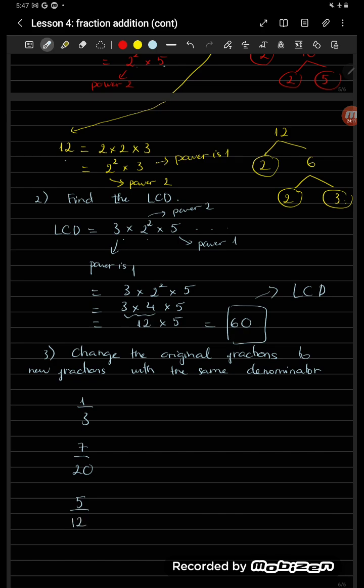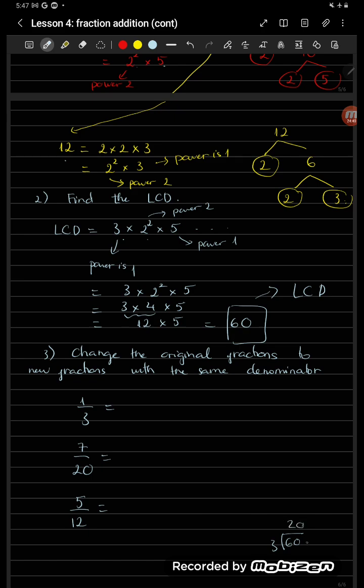Okay, so how can we change those fractions to become new fractions with the same denominator 60 we found above? Okay, so for 3, in order to turn 3 to become 60, the way to do it is you only need to divide 60 by 3, and you get the answer 20.